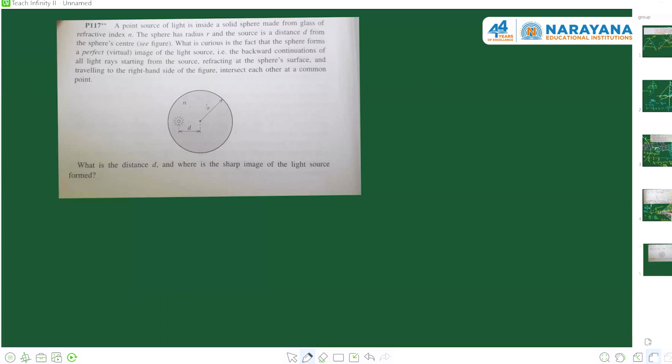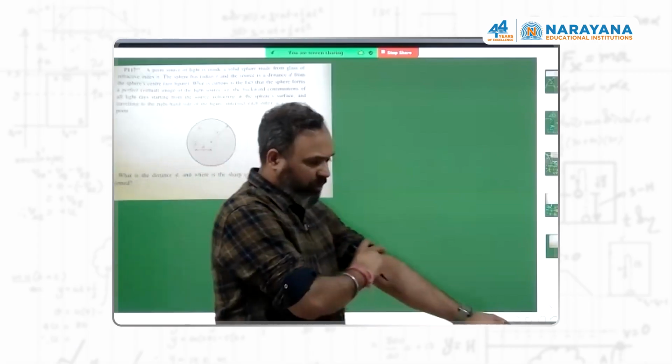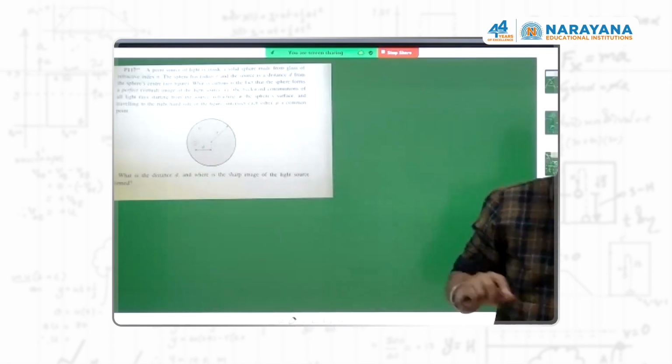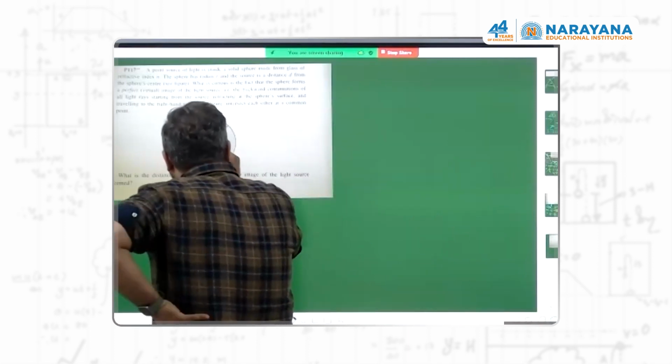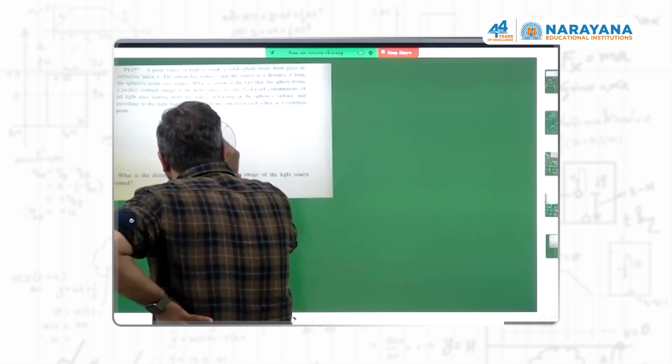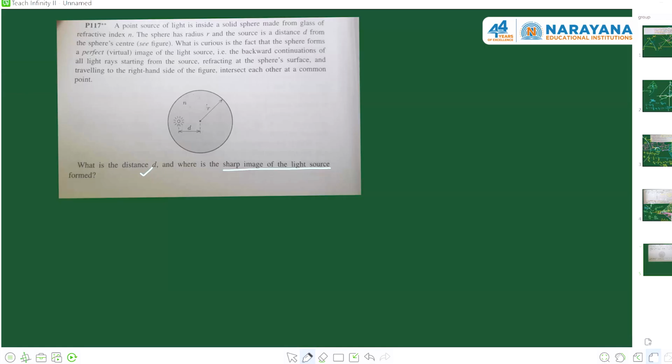His question is, if you put a point source of light inside that solid sphere at a distance d from the center, where d is less than r, and generally it doesn't happen, but he's saying there will be a unique distance for which all the rays which are going rightwards from the source actually form a single sharp image. We want all the rays which are moving rightwards to form a single sharp image.